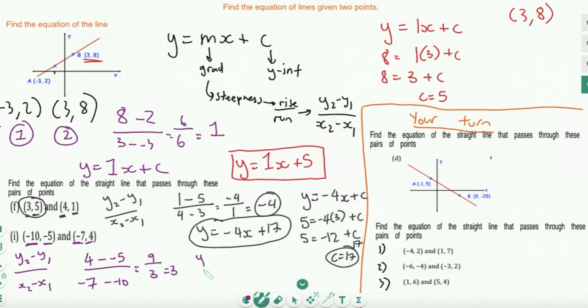So y equals 3x plus c. Now we have to find our y-intercept. So we choose one of the coordinates. I'll choose the first coordinate, and I'll replace the y into here, and the x into here. So y is 4.